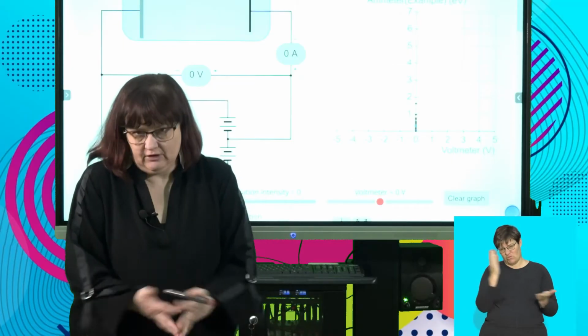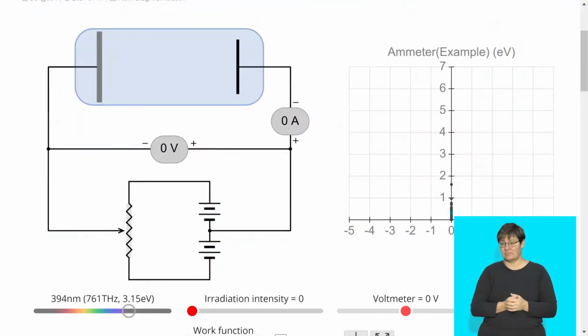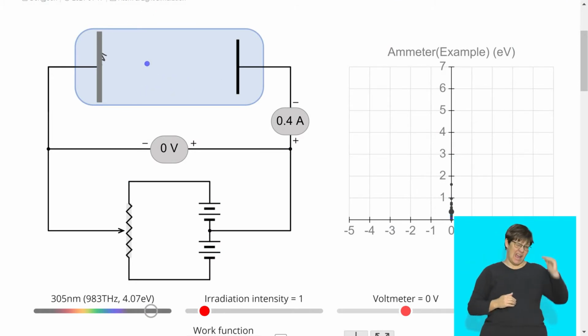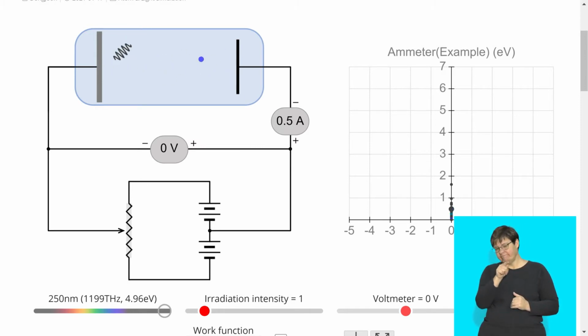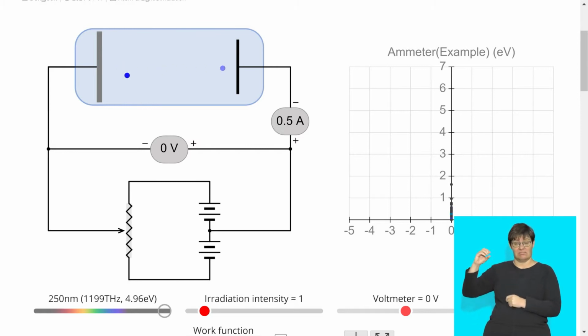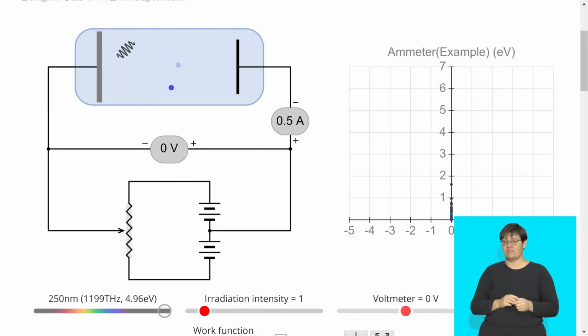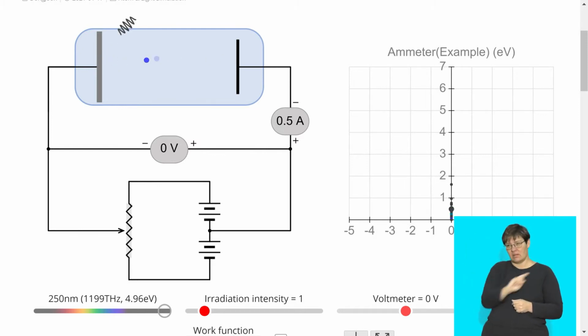That's fairly straightforward, okay? Let's go back to 1. Let's make it so we're in the ultraviolet light. Let's make it as high as we can get it. Even before I change the current, you can see that those single little electrons that are coming off are moving much faster.